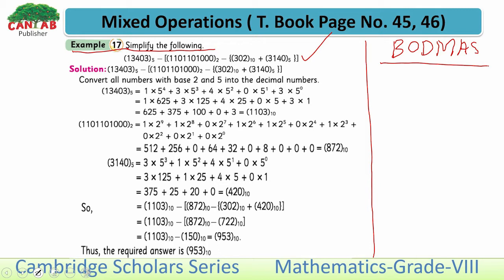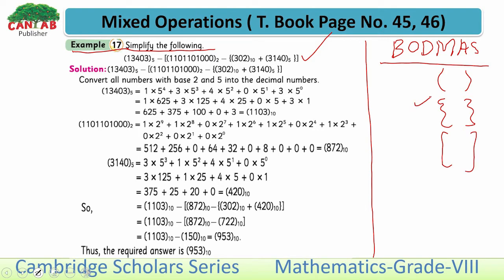We have done the BODMAS rule in class 4, 5 and then 6, and learned how to solve brackets. First of all, we'll solve these round brackets or parentheses, and then we'll solve this one. At the end we'll solve this one.